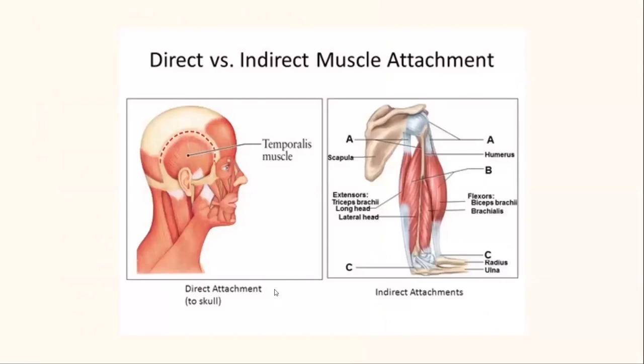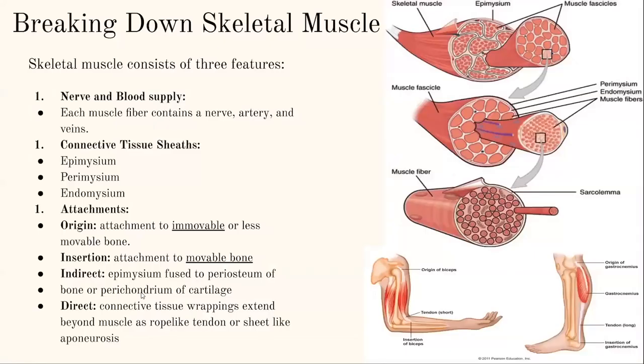So here's an example of direct attachment. If we look at the temporalis, we have a direct attachment here where it attaches to the aponeurosis. This part is the aponeurosis. So if we go back, direct means that the connective tissue extends beyond the muscle as a rope-like tendon or sheet-like, just like the aponeurosis.